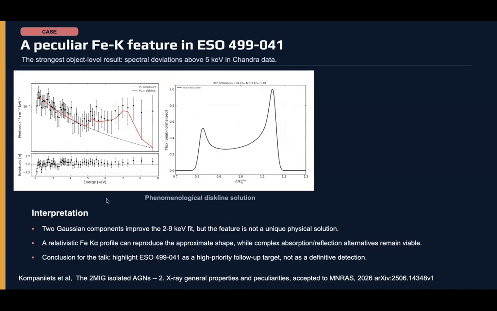In our paper, we also show that the statistics are better when we use the diskline model. So we can assume that maybe in this object we observe the iron K-alpha emission, but unfortunately the data is not very nice, so at this stage we can only assume this.